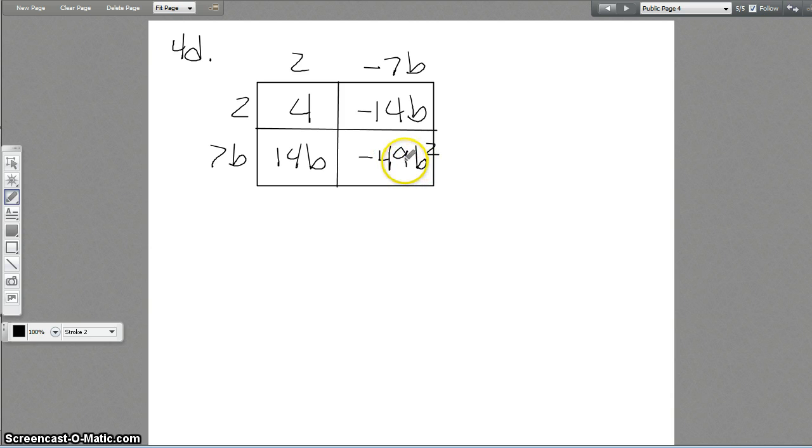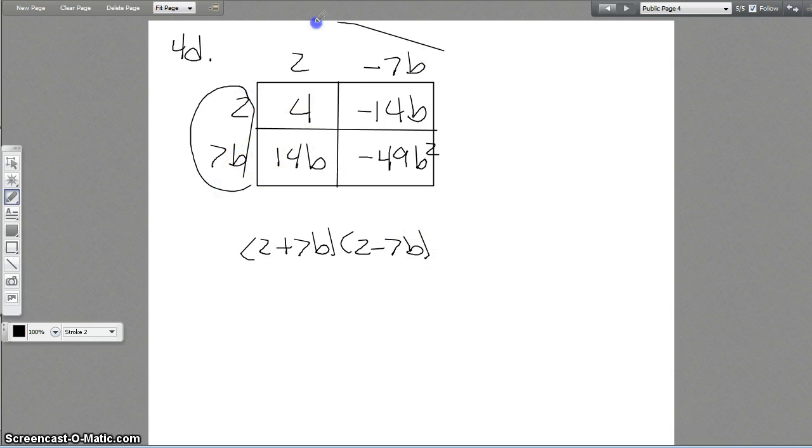And they said, what question is illustrated by the diagram? For that, what they're asking is, what is the problem that is being shown and what is the answer to the problem? Well, the problem being shown is 2 plus 7b times 2 minus 7b, because we're taking the product of these terms that are along the sides of the box.